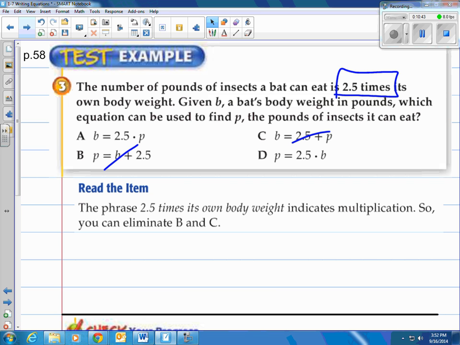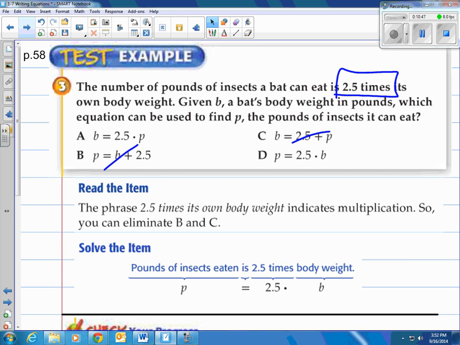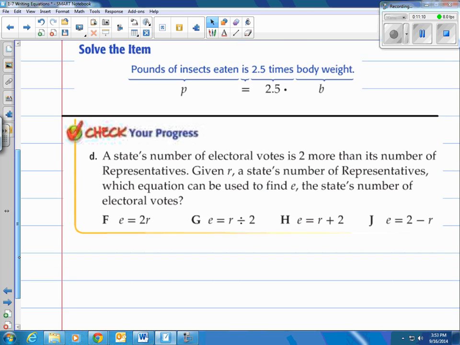Now, is it going to be 2.5 times B is equal to P, or is it going to be 2.5 times P is equal to B? Well, in this case, it says the pounds of insects eaten is 2.5 times the body weight. So you want to take 2.5 times the B to equal the P. So that's why it's going to be D. How about you give it a shot?